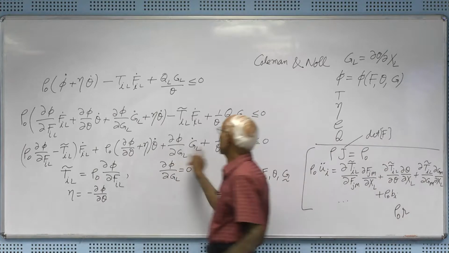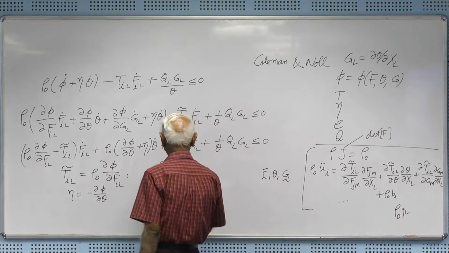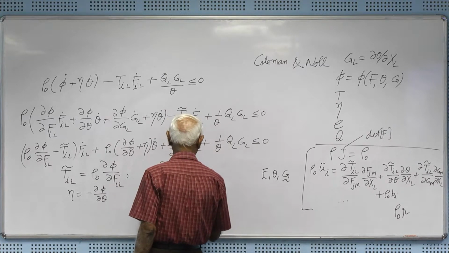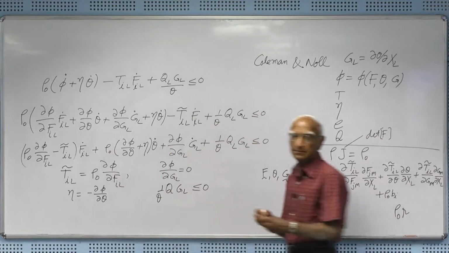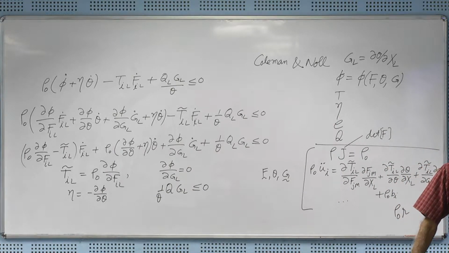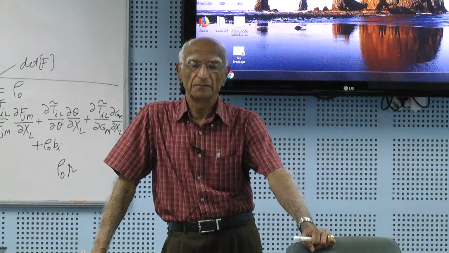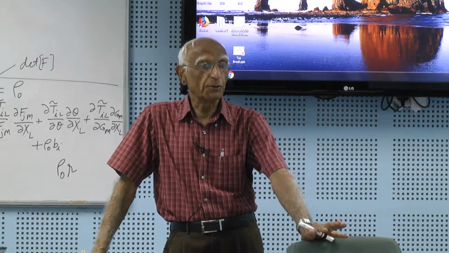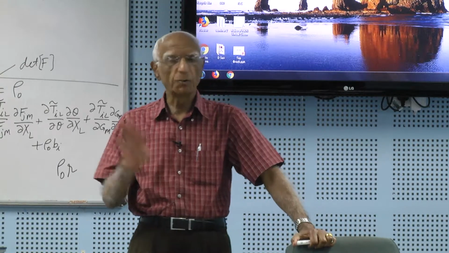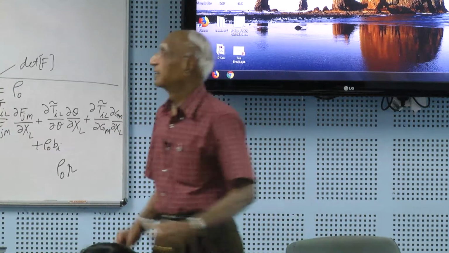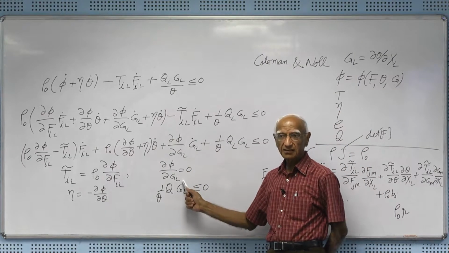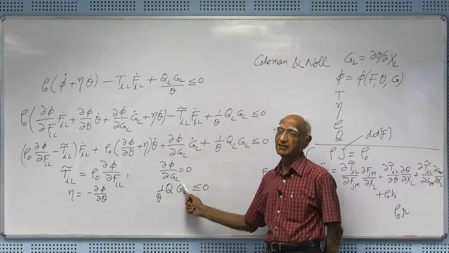So what is left is q_L G_L over theta must be less than or equal to 0. So the Clausius-Duhem inequality requires that the Helmholtz free energy must not depend upon temperature gradient.